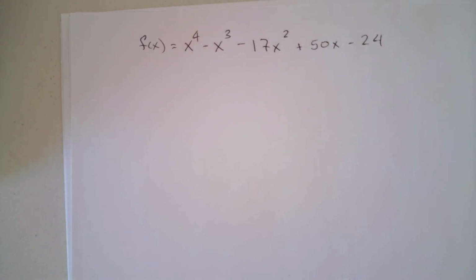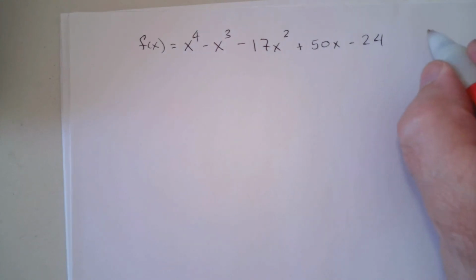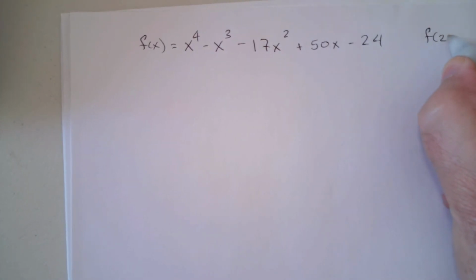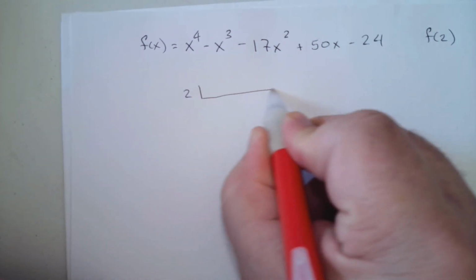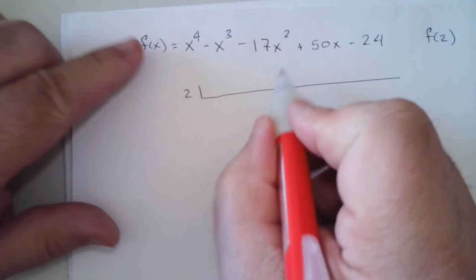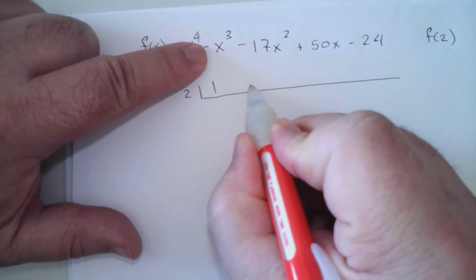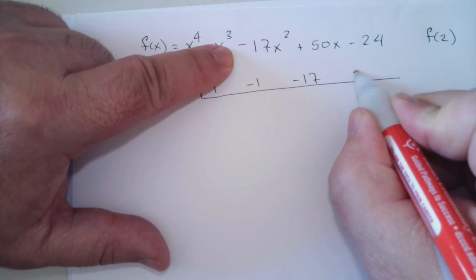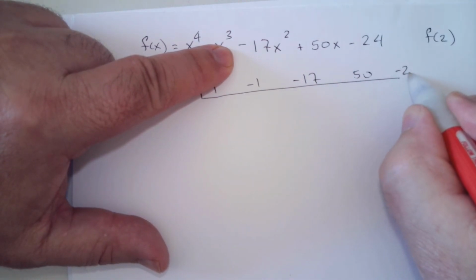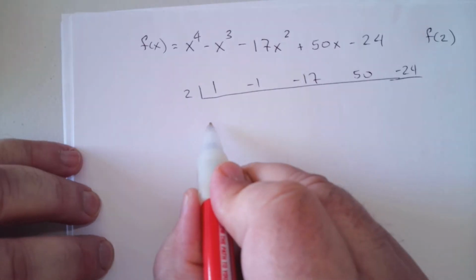So it's saying f of 2. Okay, so let's use 2. So x to the fourth is 1, negative 1, negative 17, 50, negative 24.